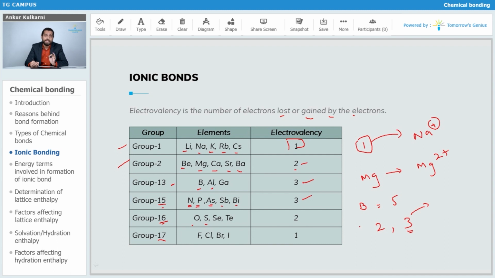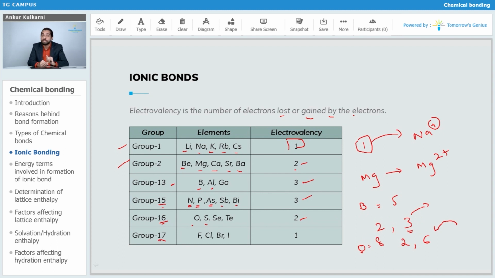Let's take the example of oxygen, atomic number 8. What will be the electronic configuration? 2 and 6. So now this can accept 2 electrons, correct? Not donate, because oxygen is electronegative in nature. So it will accept 2 electrons and will form a stable octet. And this is how oxygen has electrovalency of 2, because it accepts 2 electrons and does not donate.